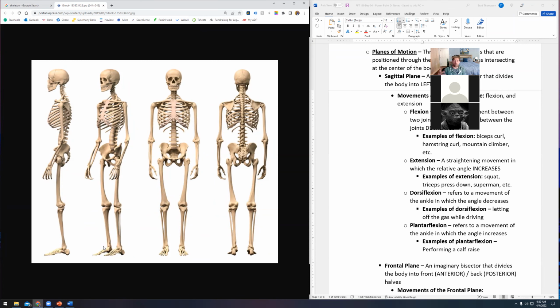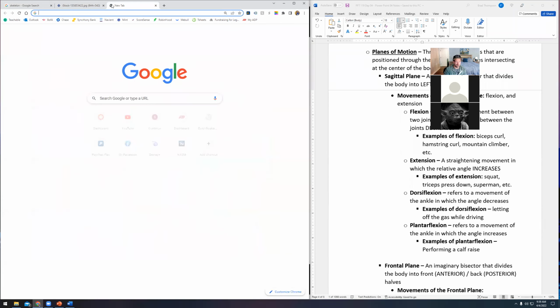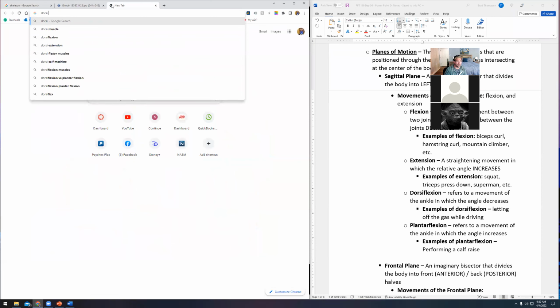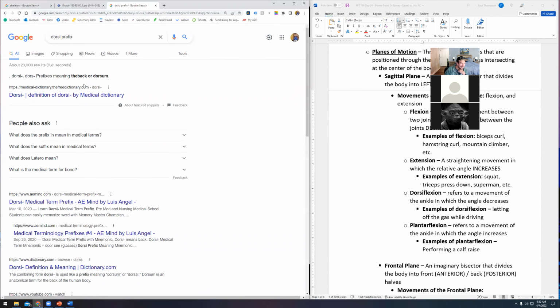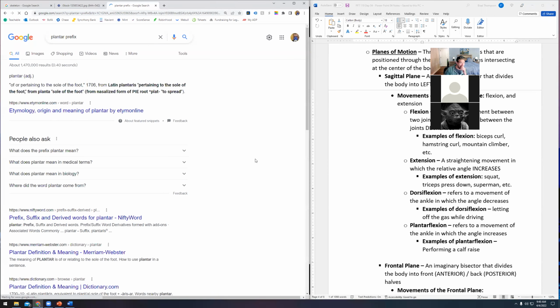Plantar and dorsi come from Latin words that I do not remember the origins of. Let's see here, dorsi prefix. What does that mean? The back. Okay, yeah, that's right, because it's dorsal, versus plantar, which is to spread.